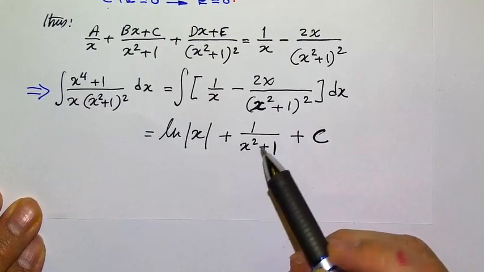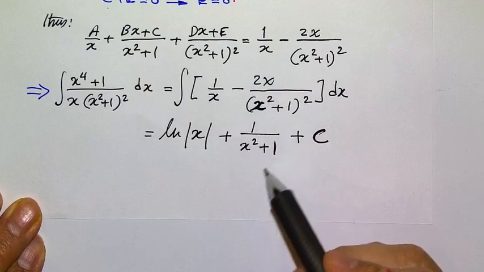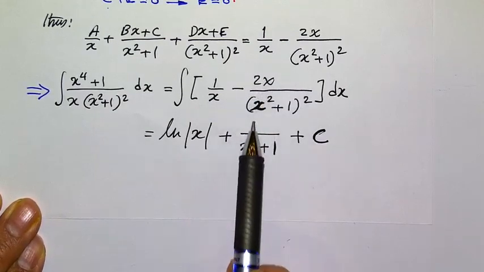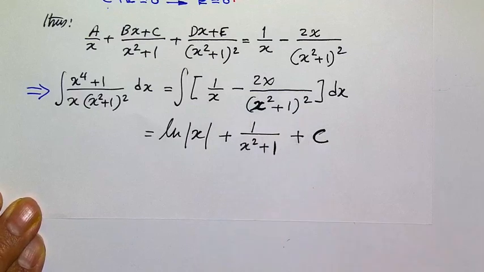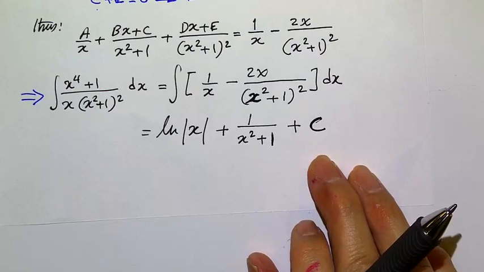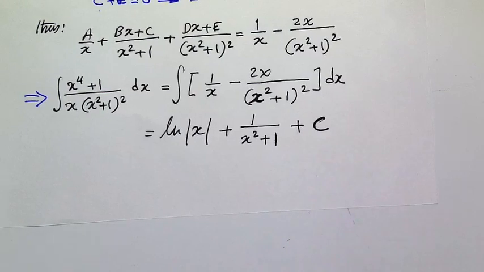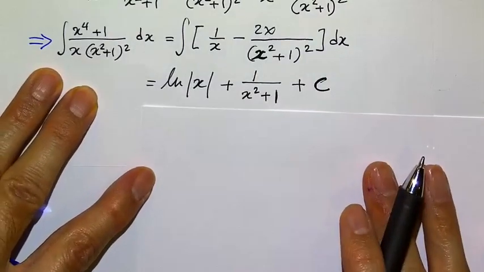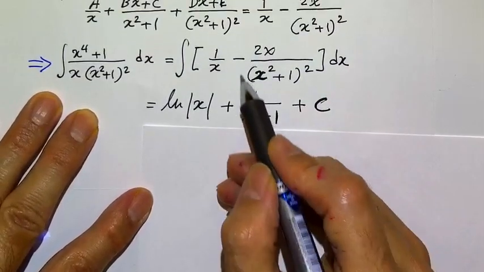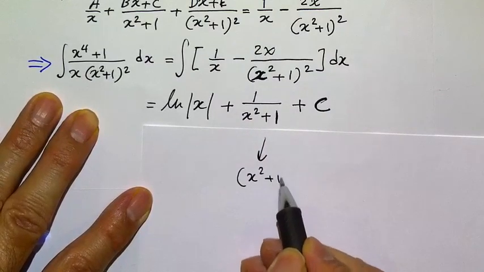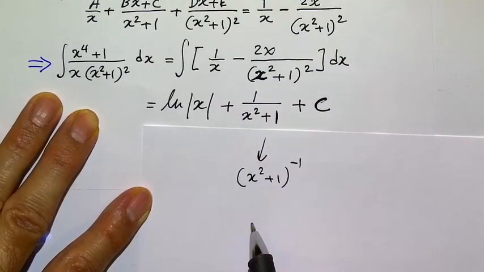So now if you take the derivative of this, you should end up with this piece, minus 2x over that. Let me grab another piece of scratch paper here. Let's take the derivative of this to make sure that we end up with that. So that is actually x squared plus 1 to minus 1 power.